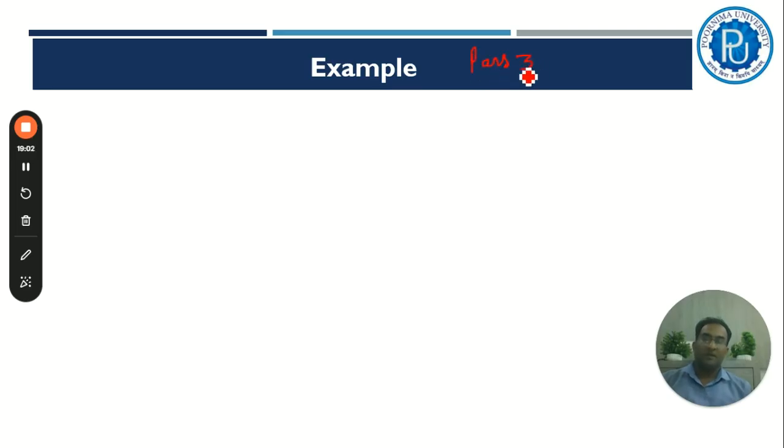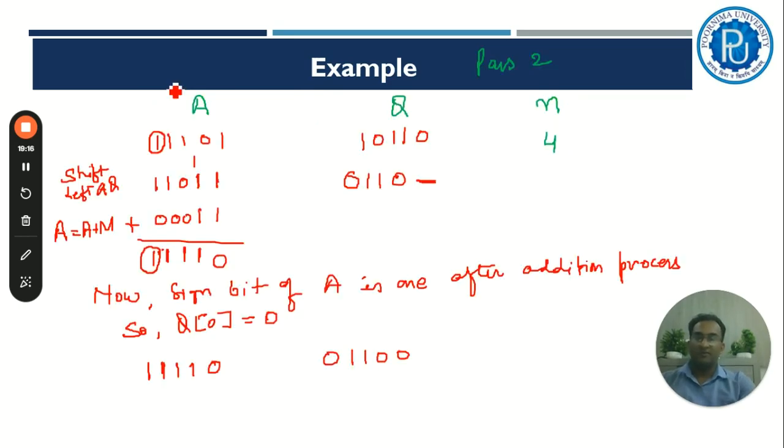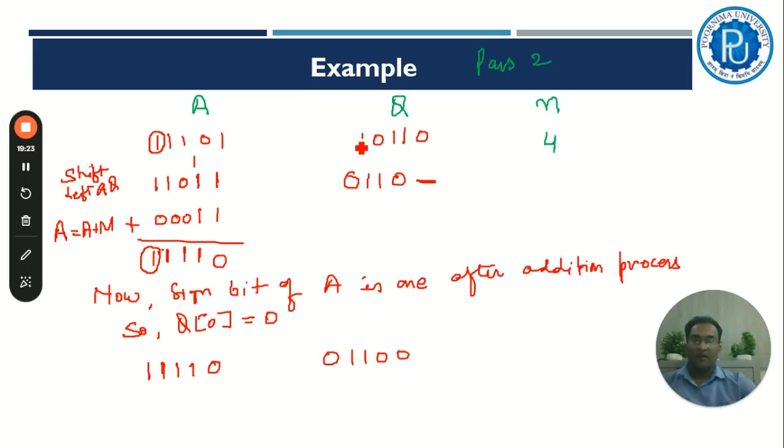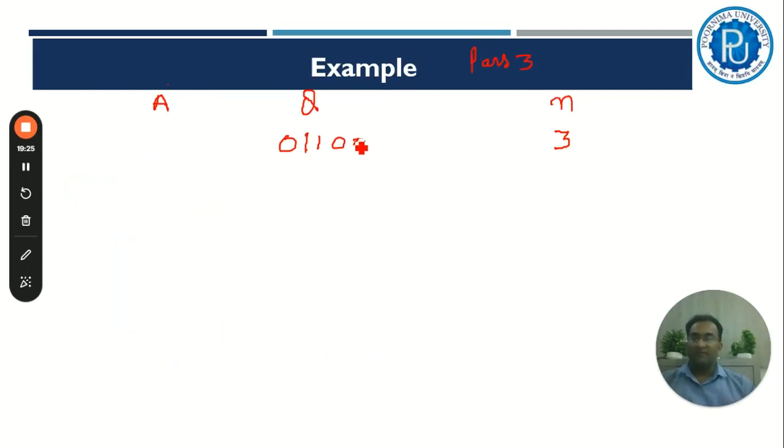Pass 3. Now the value of n will be decremented by 1. It becomes 3, so the value of n is not equal to 0. Then we have Q and the accumulator register. The value of Q is 0 1 1 0 0, and the accumulator has 1 1 1 1 0.